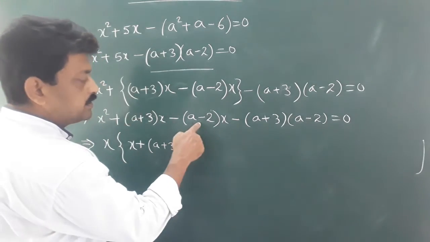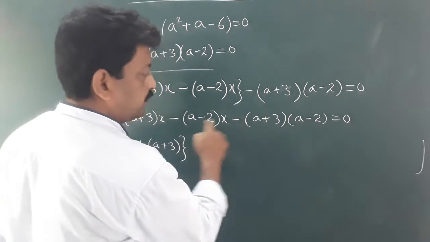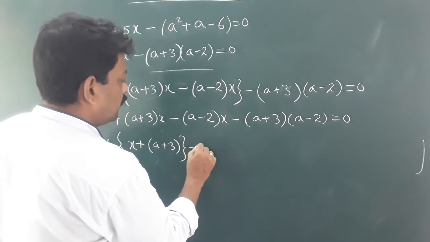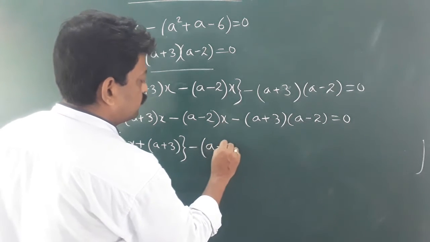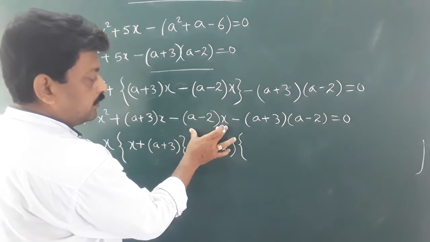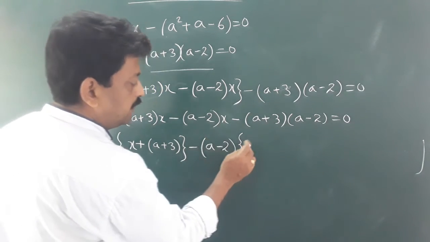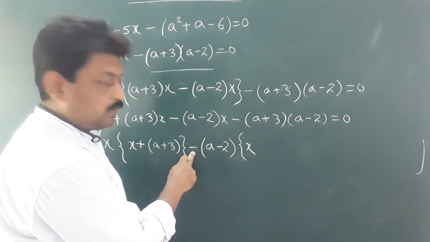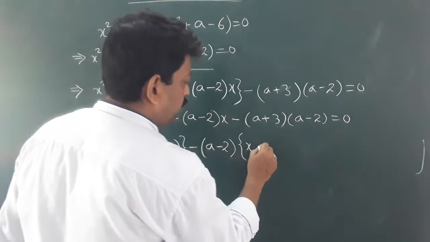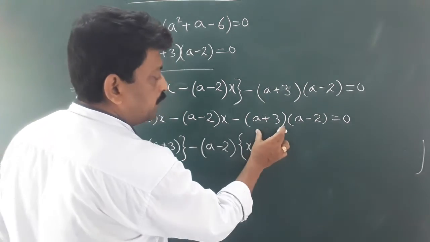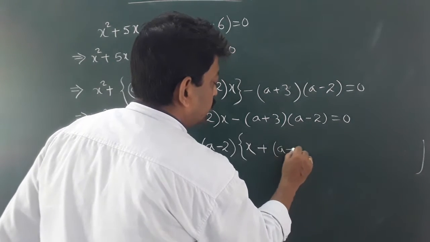So what is common? You can see a minus 2 is common. So here it will be minus a minus 2 is the common factor. So what will be left here? A minus 2 is taken common, so x will be left, and minus sign I have already taken common outside, so this will become plus a minus 2 is taken common, so remaining part is a plus 3.